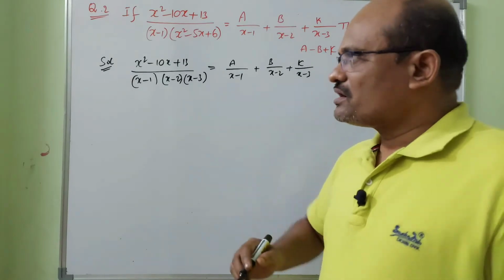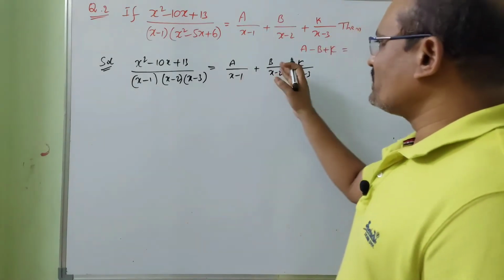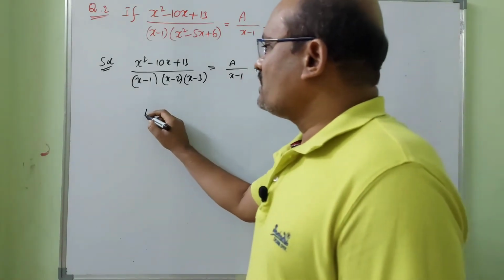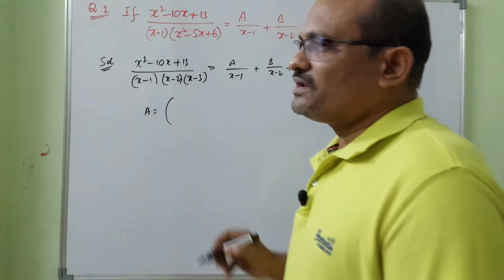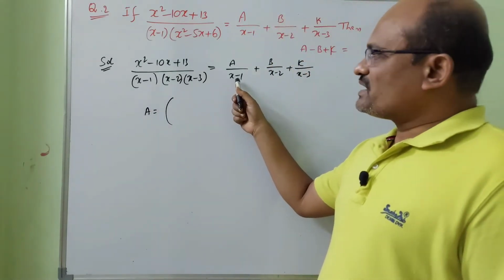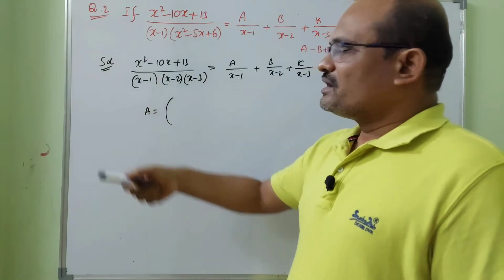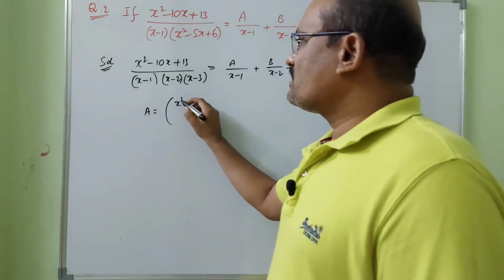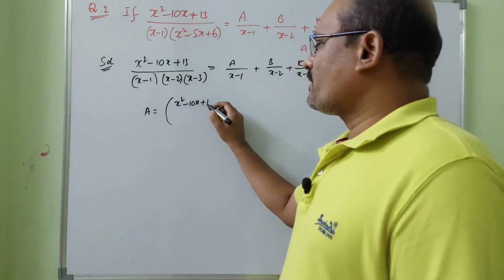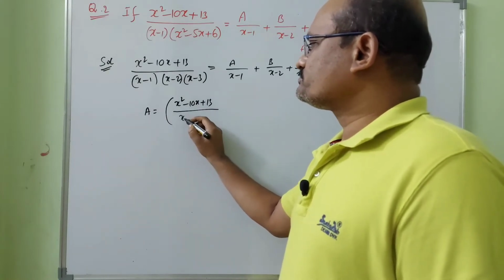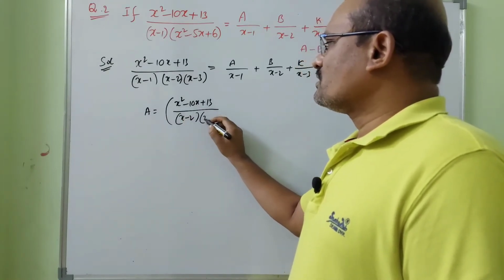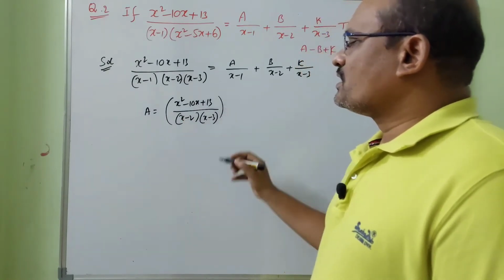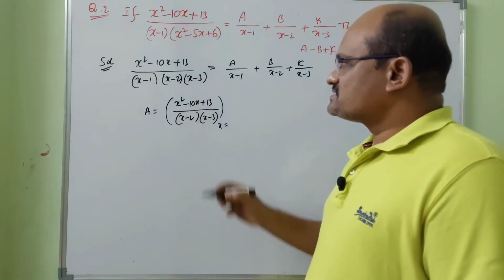Just now I told you the short method to find values of a, b, k. A, how to find a? Very simple. Denominator is x minus 1. So, leave x minus 1, write the remaining thing in the fraction. Now, here you have to substitute x is equal to 1.